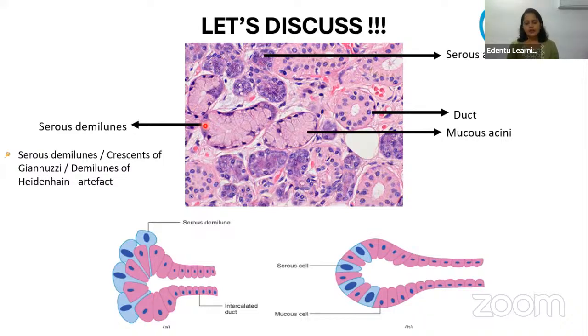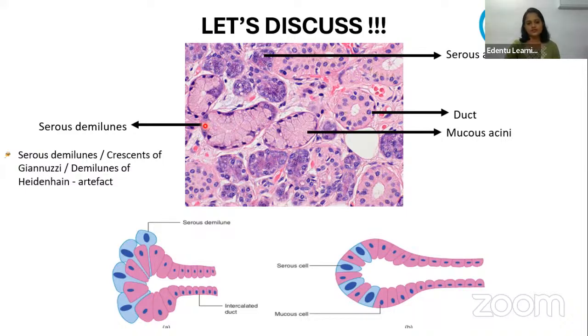Now what are these serous demilunes? We can see the serous demilunes only in the mixed salivary glands, and at first it was thought that they were the serous cells seen in a mixed salivary gland. But later more investigations were done, and instead of doing the normal histology technique, we did a frozen section also.